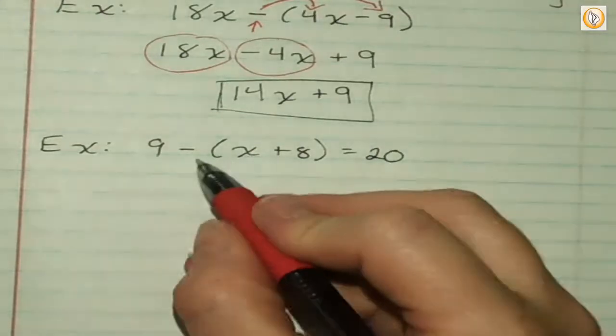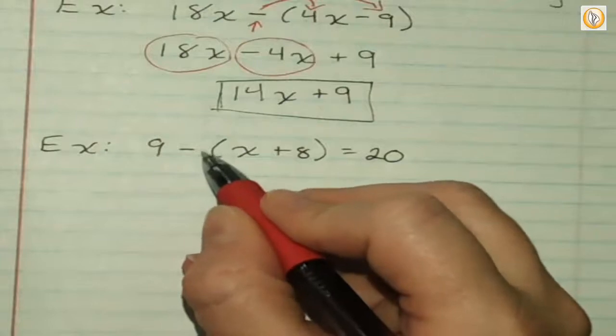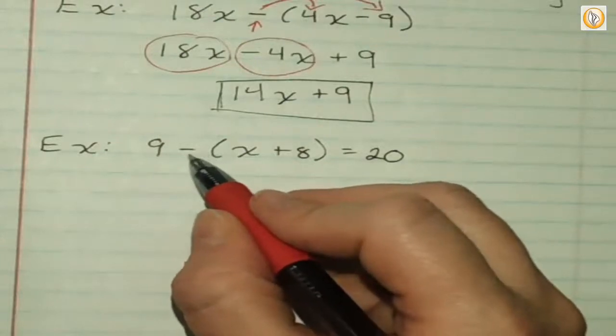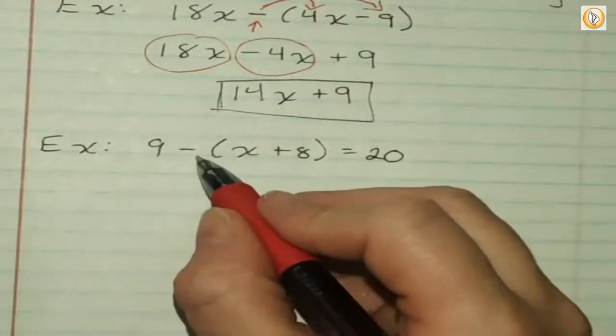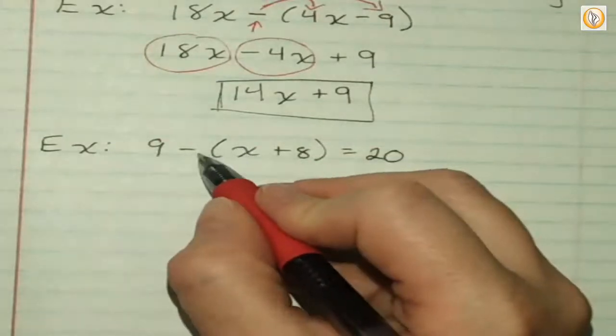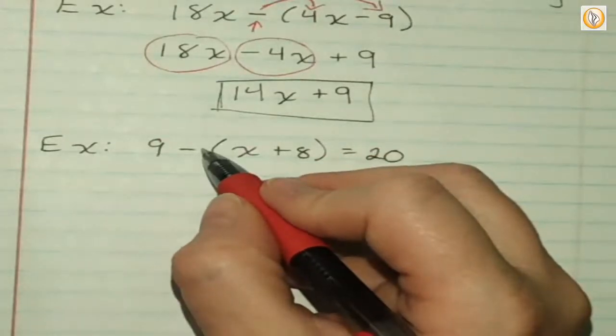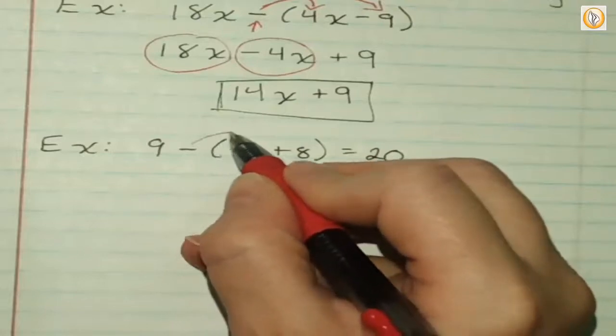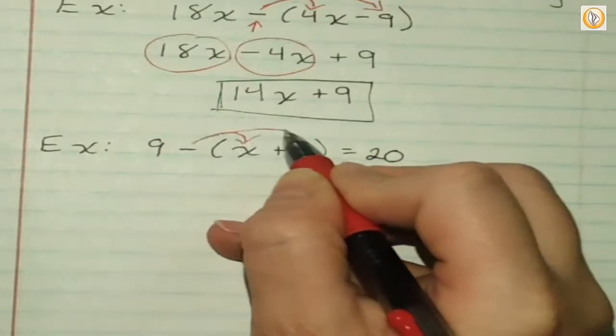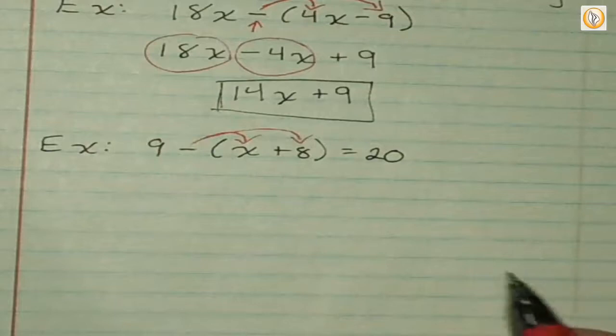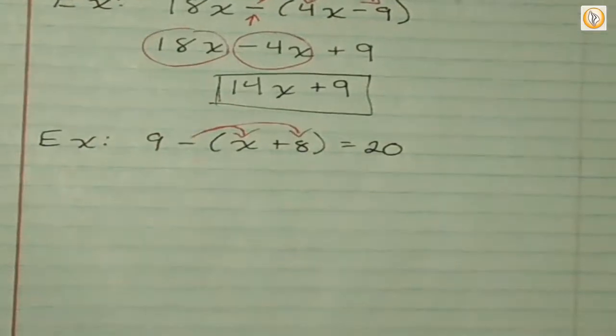Okay. So what do we do? There's no multiplier, there's no number right here, and there's a negative sign in front of the parentheses all by itself. What do I do with that negative sign? Distribute. That's right. We're basically multiplying negative 1 with each of these terms.